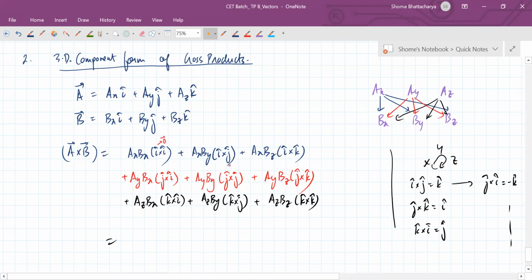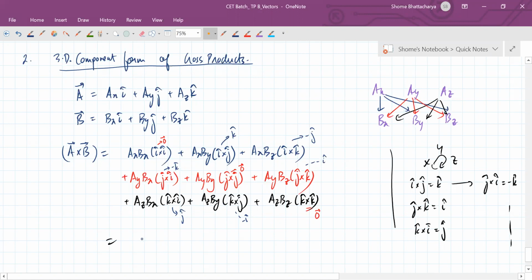But in the other terms, i cross j is k, but j cross i is minus k. Similarly, i cross k is minus j, but k cross i is plus j. Similarly, k cross j is minus i, but j cross k is plus i.